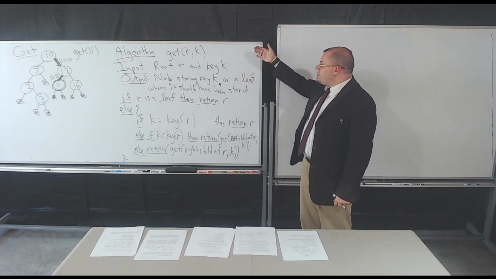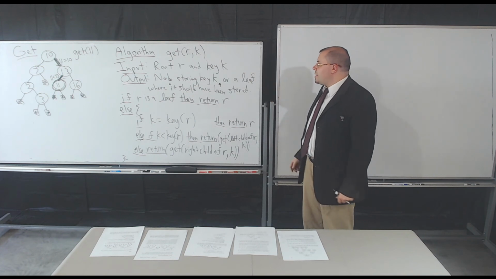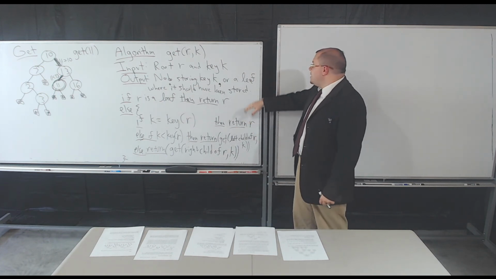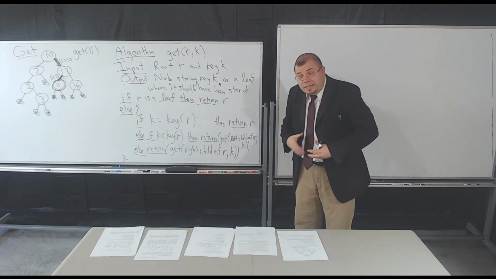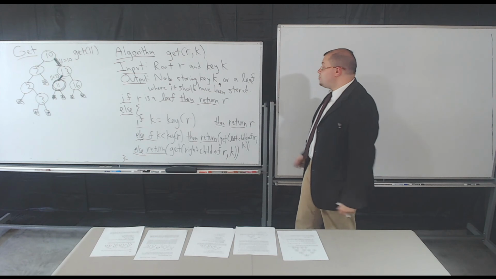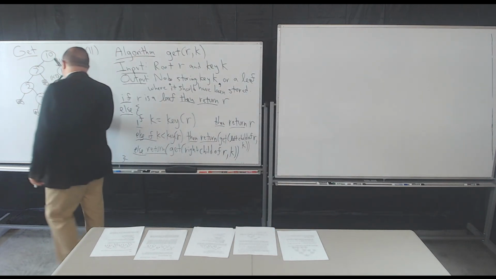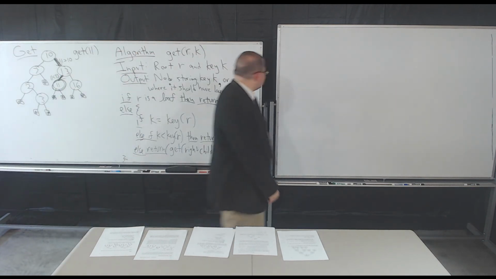It's going to follow a very similar structure. So this is the pseudocode for get. I give you some root R and the key, and I'm going to return the node storing key K. And if I encounter a leaf, I'm just going to return that leaf node itself. So that's where it should have been stored, should it have existed. So 12 would have been right here if it existed, but it doesn't.